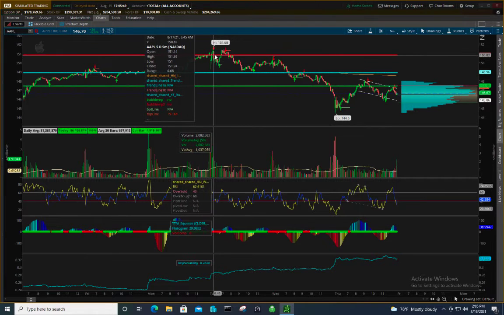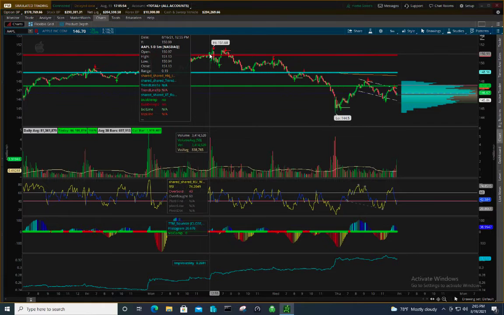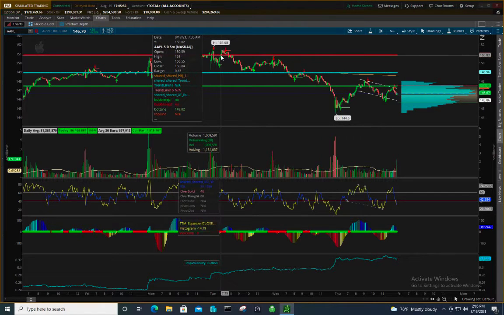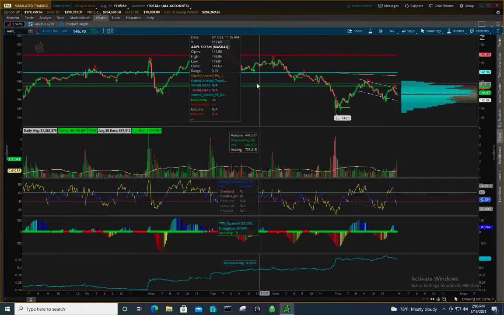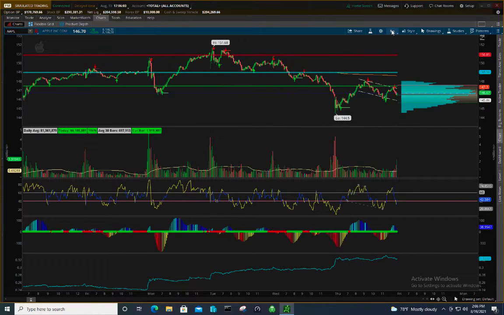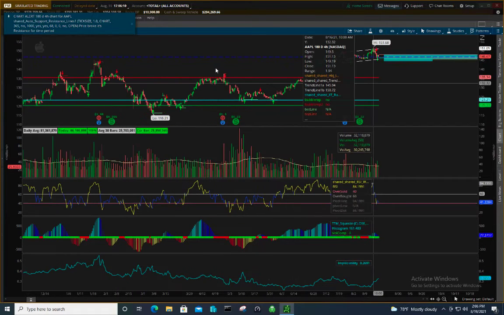Then the top red line is called resistance. That means the stock came to this level and then there was a sell off, then it went back down again. This is how these lines are automatically made based on the studies and the scripts that I have shared. If we look at a bigger scale, you'll see a better picture.